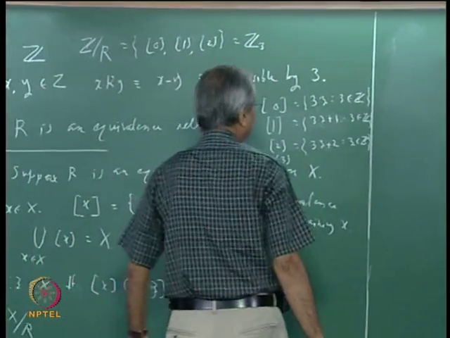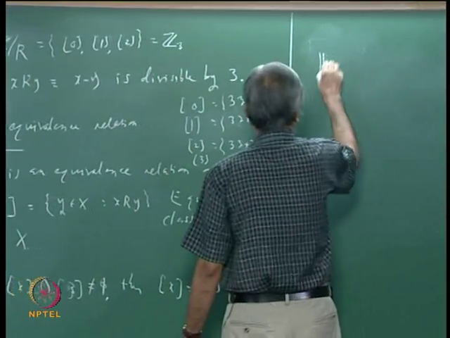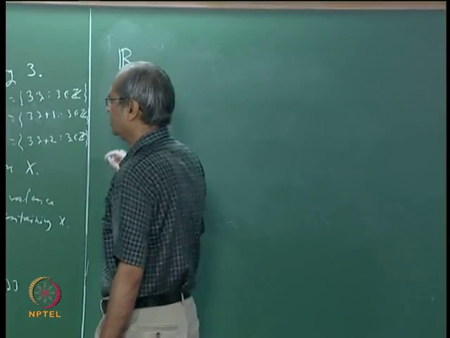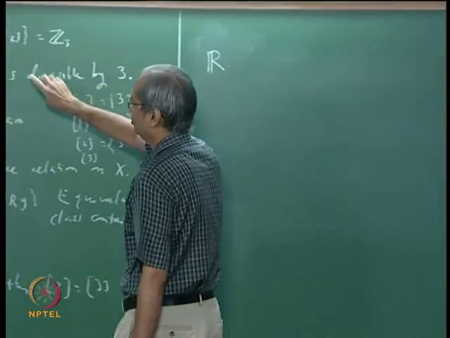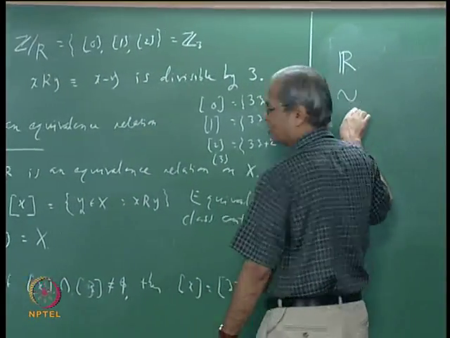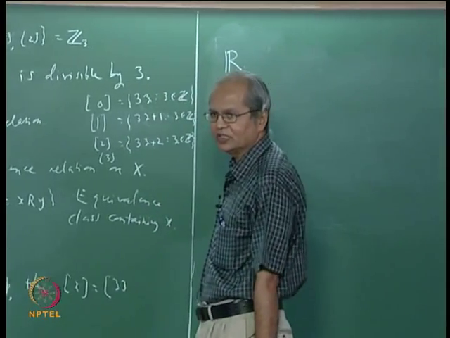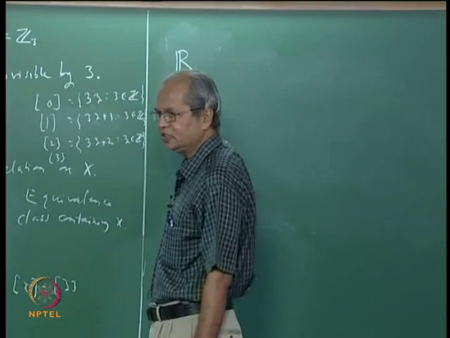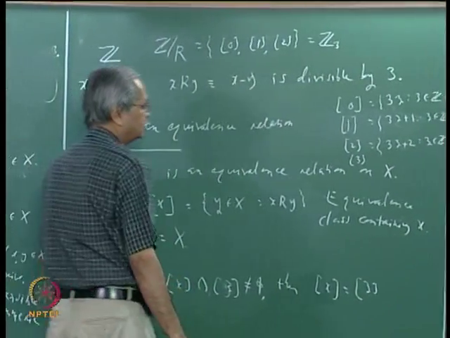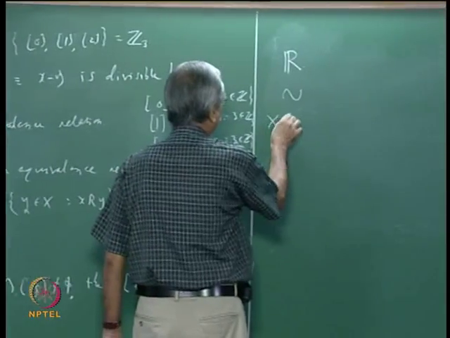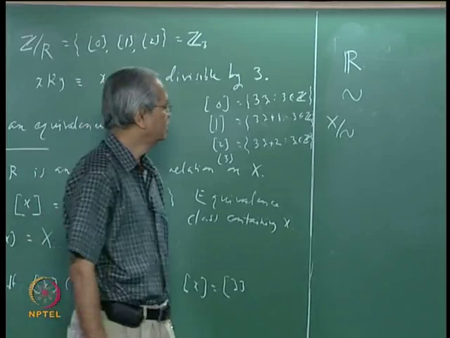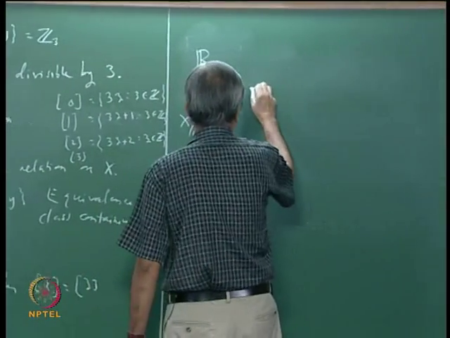Let us now take the set R, and I say that X, instead of writing using the letter R, for an equivalence relation this is a commonly used letter, to denote a relation. So the quotient set will be denoted like this, X quotient this equivalence relation. What I will define is as follows.